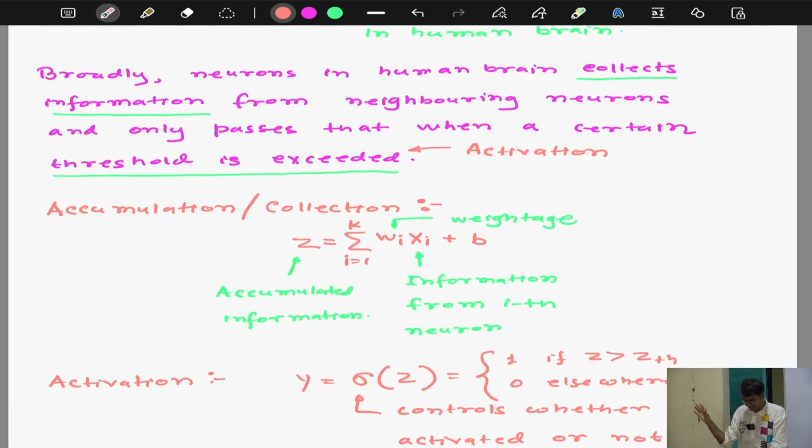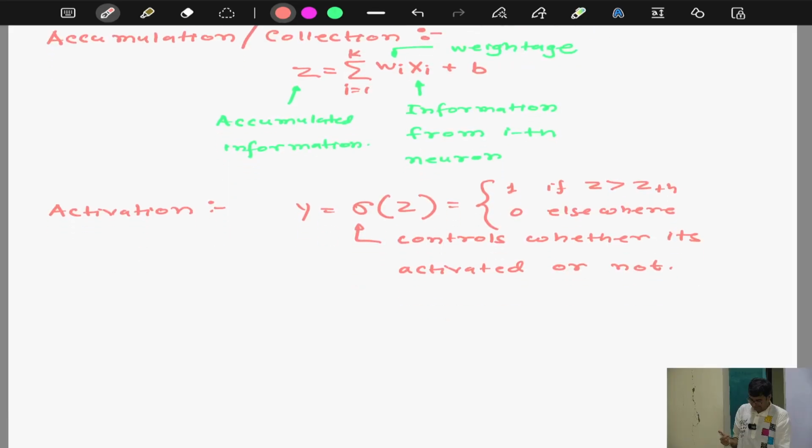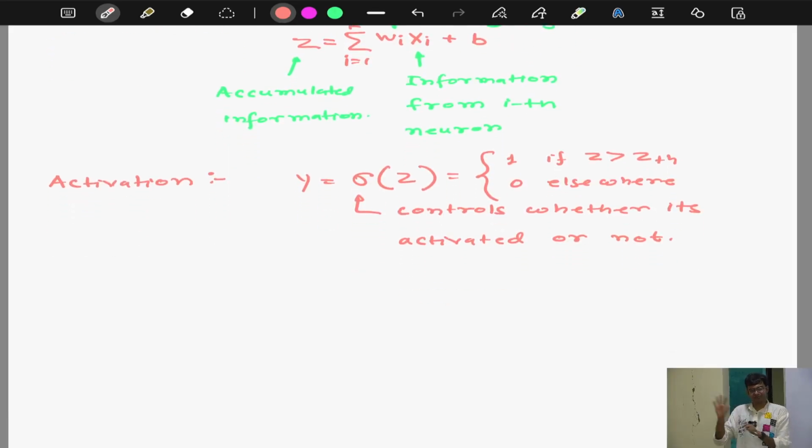Now when you write that operation in mathematical form, xi, the information coming from the neighboring neuron, is equivalent to your feature; w, the accumulation weight, is your learnable weights; b, your own bias, is the bias in your model; and sigma is a threshold function because it fires or does not fire. Then you get the model shown in this equation, and this is known as the perceptron.